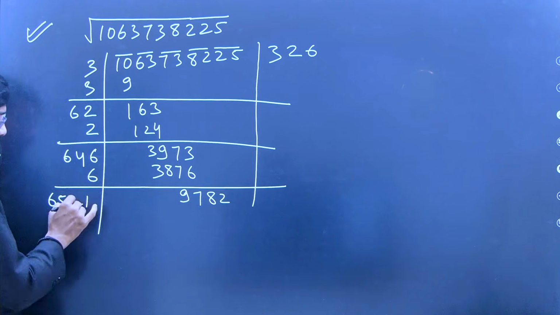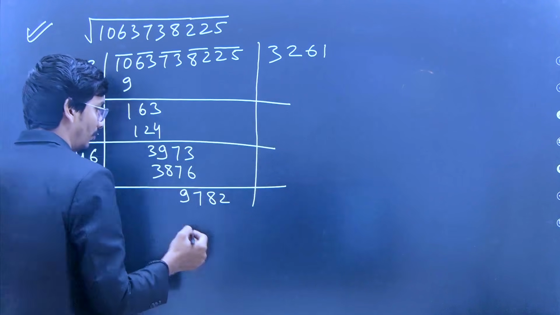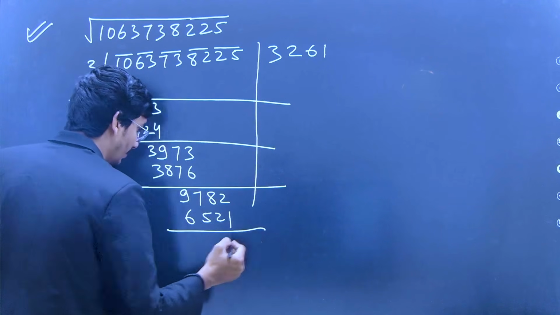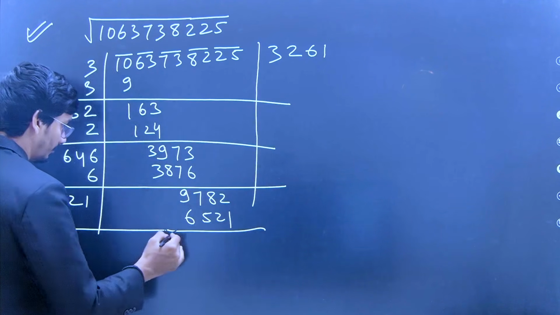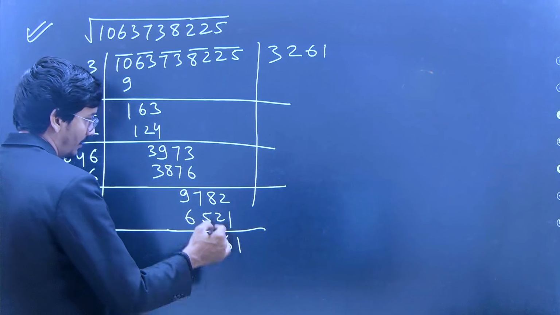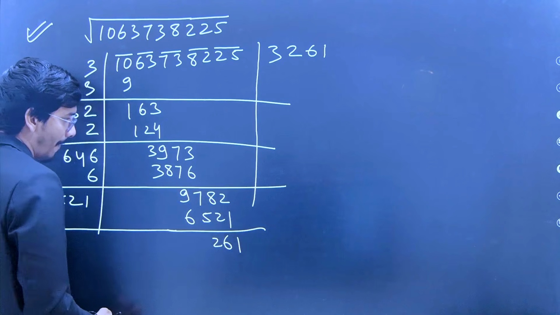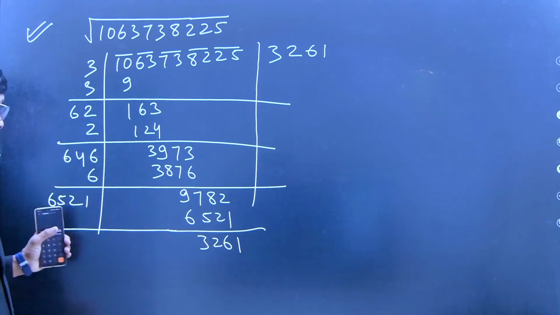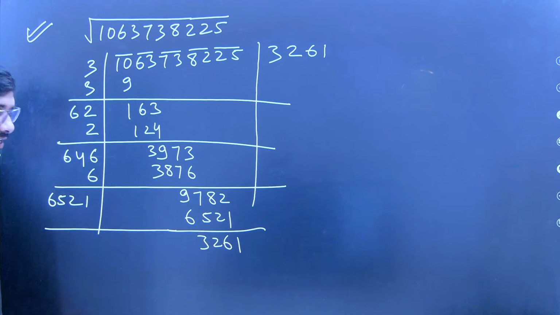So I'm taking 1. 1 into 1. So remainder, beta, 6521. When you subtract it, we'll get what? 1623. 3261 is less than this one, which means it is correct.